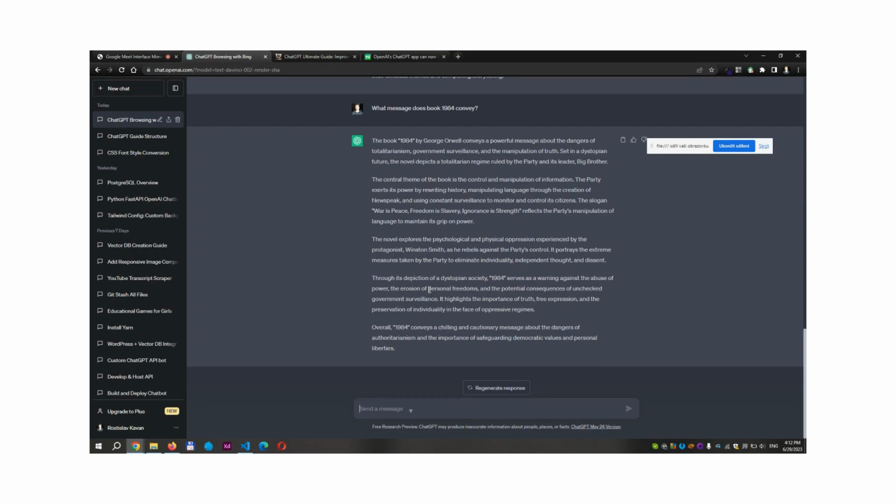Or you might ask for the main characters, then ask what the main character might do in a certain situation. Or you might ask ChatGPT to give you alternative versions of the storyline, or ask for counterarguments on a paper that somebody wrote. So all of these are possibilities, and it's only about what you can imagine.